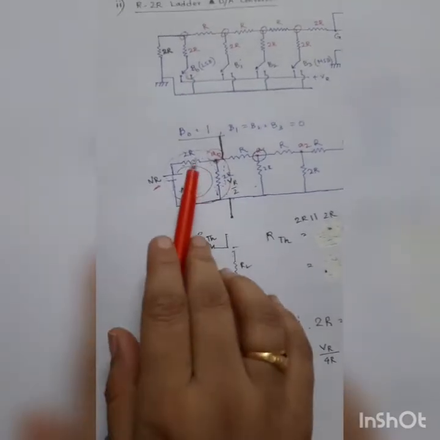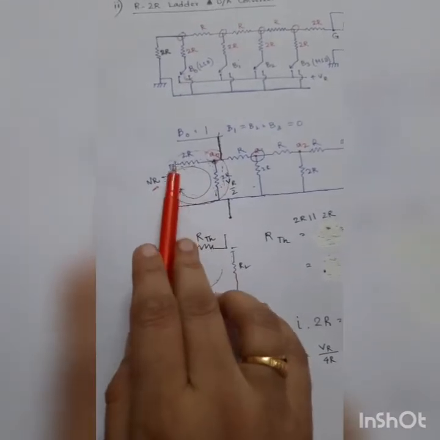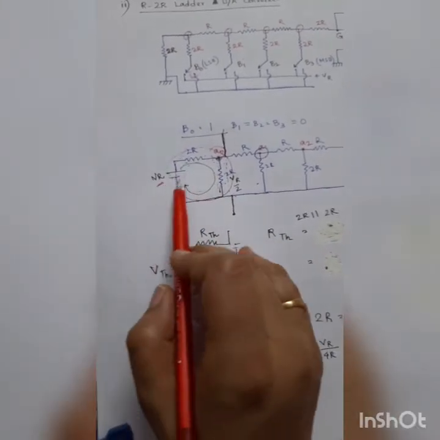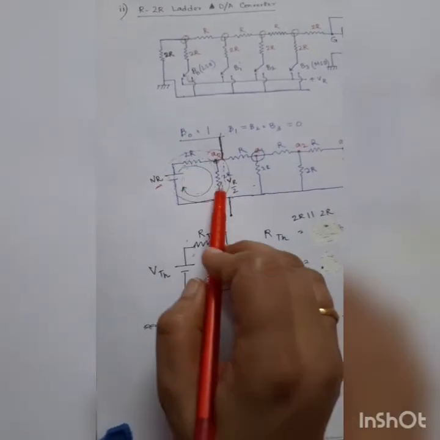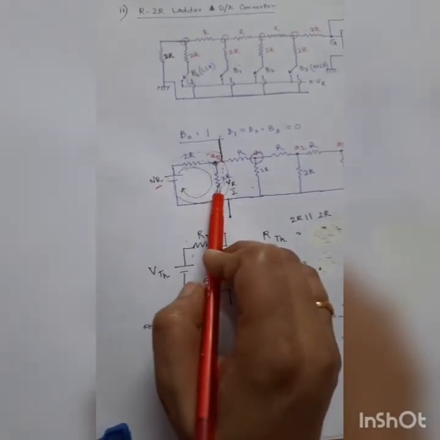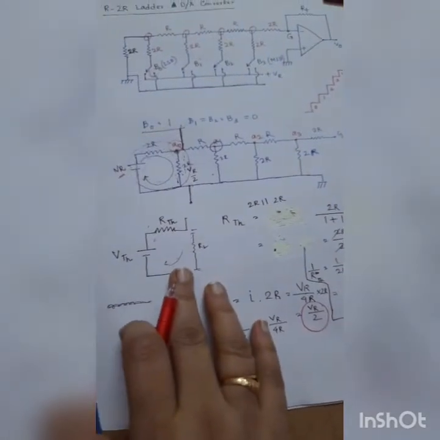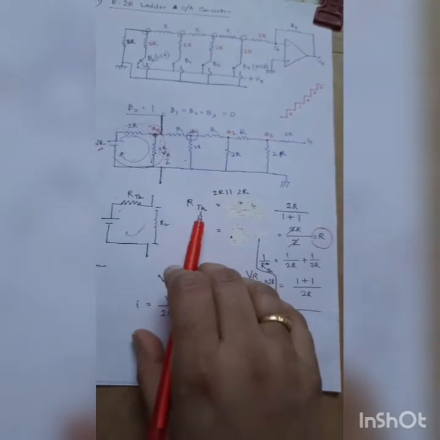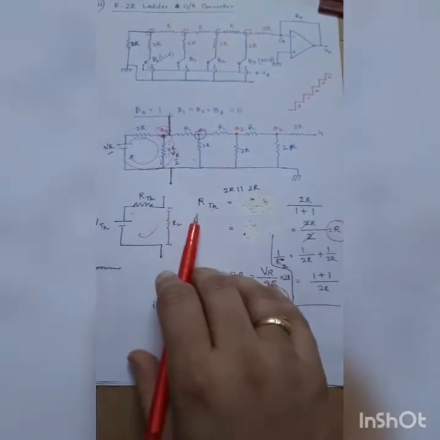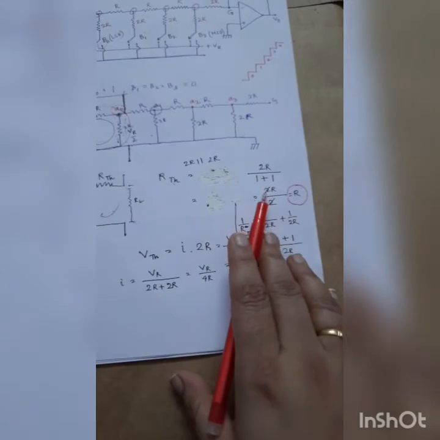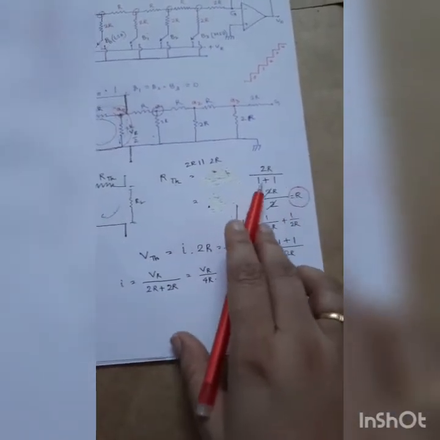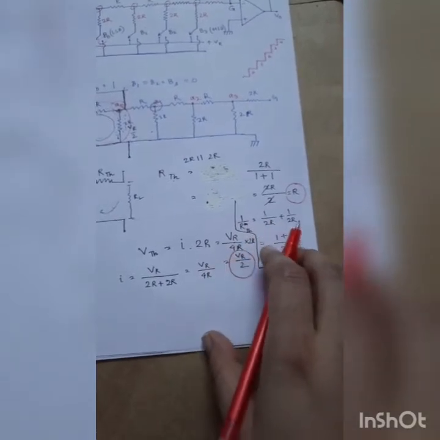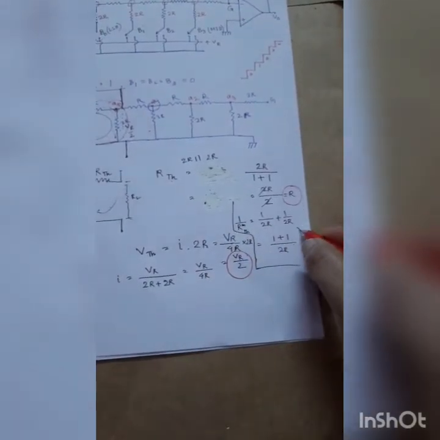Definitely the resistance will be, if we omit this VR and close this path, 2R in parallel. We know from the parallel connection that for 2R and 2R in parallel, RTH, that is the Thevenin resistance, the equivalent resistance, is given by 1 by RTH equals 1 by 2R plus 1 by 2R, from the parallel rule.